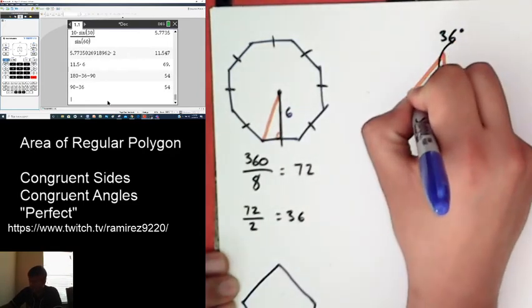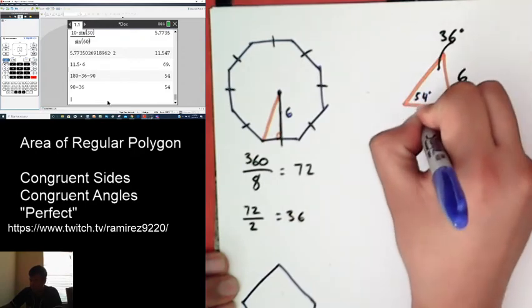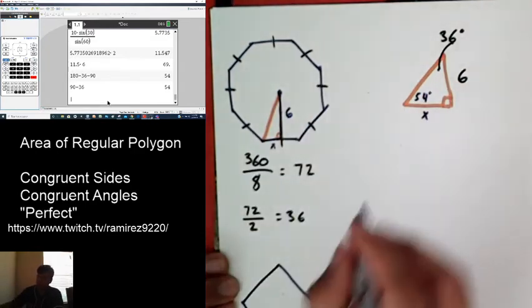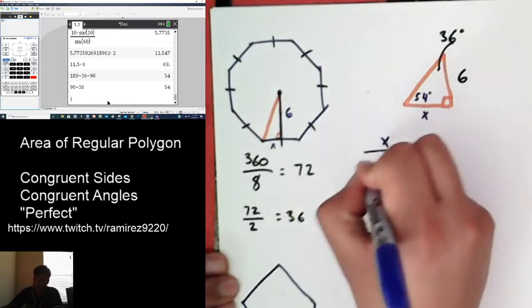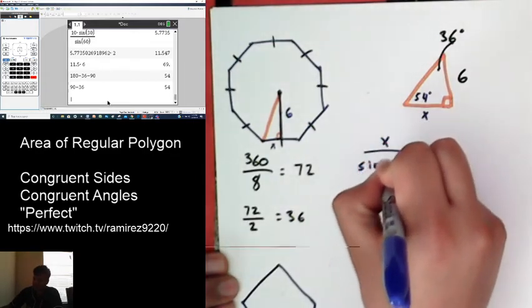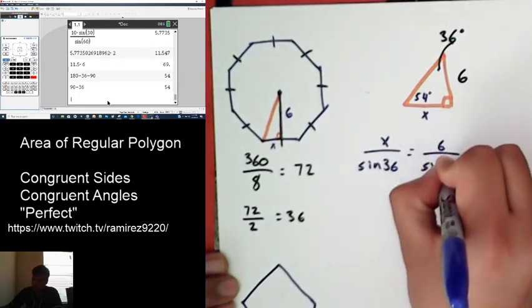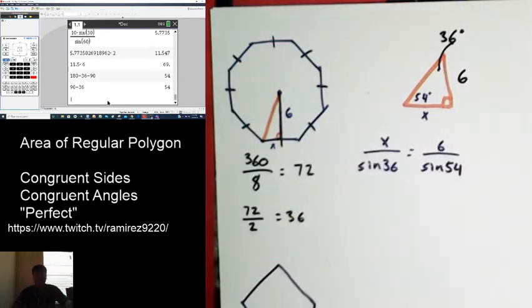So the angle here is 54. We're looking for x, where x represents just half of your side. And again, x is to the sine of 36, just like 6 is to the sine of 54. Again, this becomes very repetitive after a while, and hopefully you have pretty much understood the pattern.